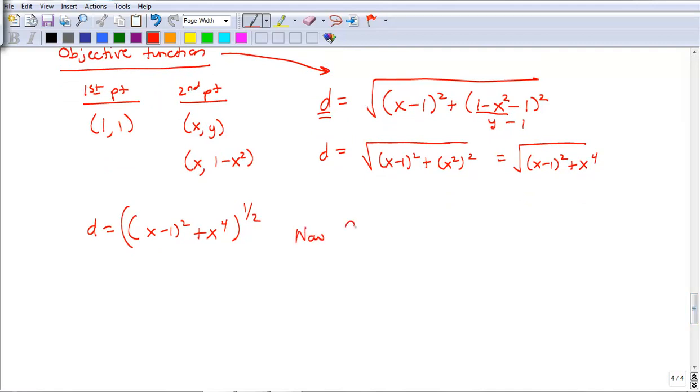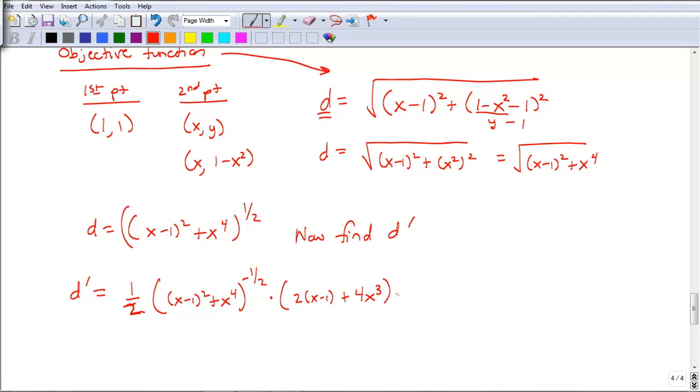So now I find the derivative to find the critical points. To find the derivative, I need the chain rule. I get 1/2 times ((x minus 1) squared plus x to the 4th) to the negative 1/2. The derivative inside is 2 times (x minus 1) plus 4x cubed. So I can simplify this.